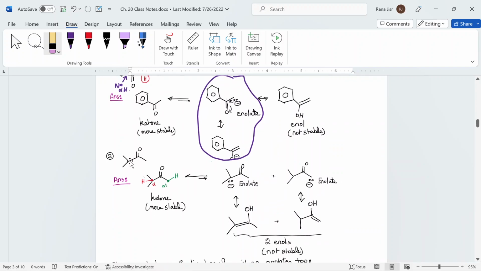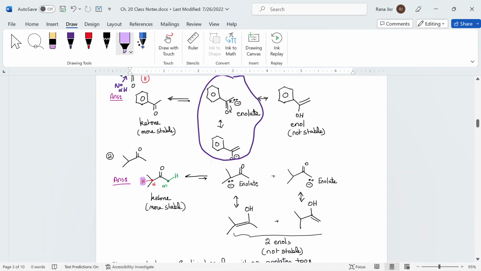This is another example over here. I do have two types of alpha hydrogens. If I have two alpha hydrogens in here, then I'm going to create my enolate. When the base comes and takes this alpha hydrogen, you create the enolate on this side, or I can create the enolate on the other side.